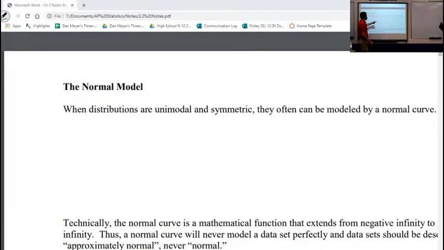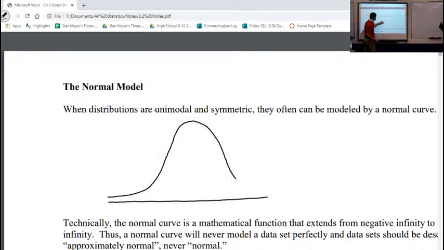And this distribution is unimodal and symmetric. So if we remember what those are, we might have an idea of what it's going to look like. You might have seen it as a kind of bell curve before. Here's what it looks like.